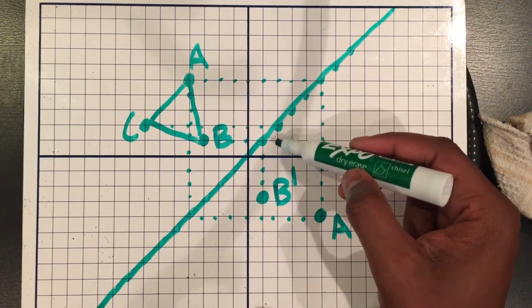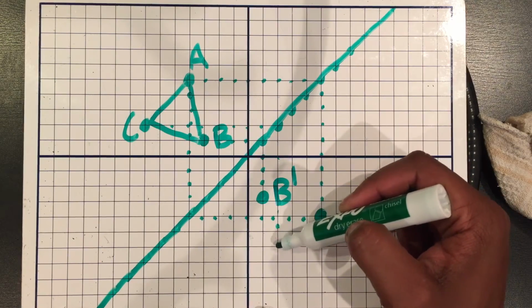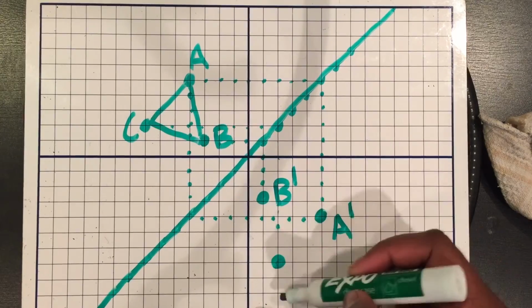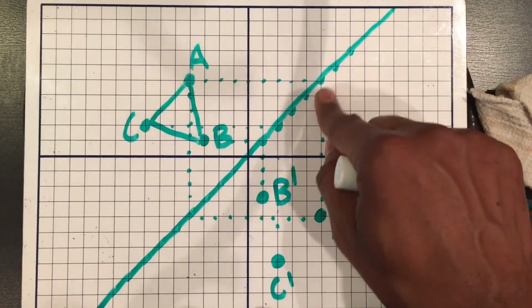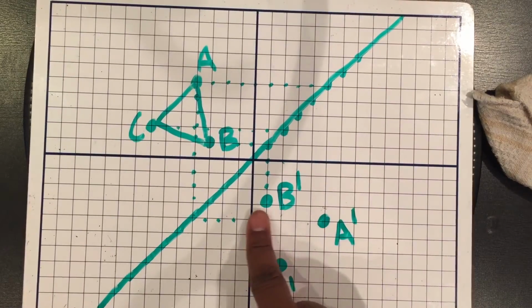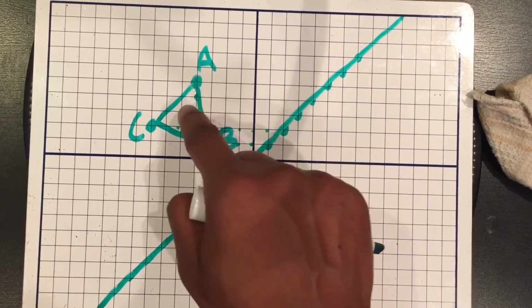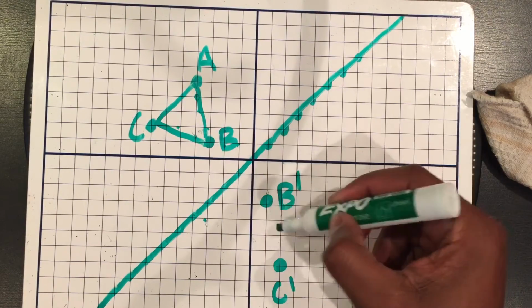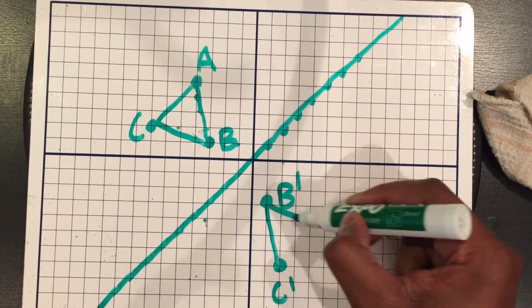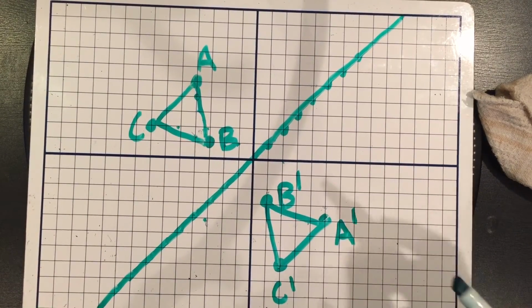So we go down 1, 2, 3, 4, 5, 6, 7, 8, 9, and we get C prime. So I'm going to take out all these random dots and connect these, and we reflected that image over the line y equals x.